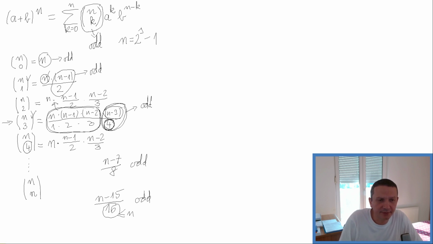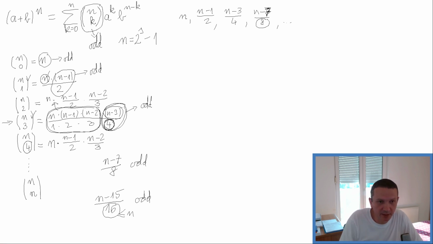So we can conclude that if all binomial coefficients are odd, then n should be odd, that n minus 1 over 2 should be odd, that n minus 3 over 4 should be odd, that n minus 7 over 8 should be odd, and so on, as long as the denominator is less than or equal to n.